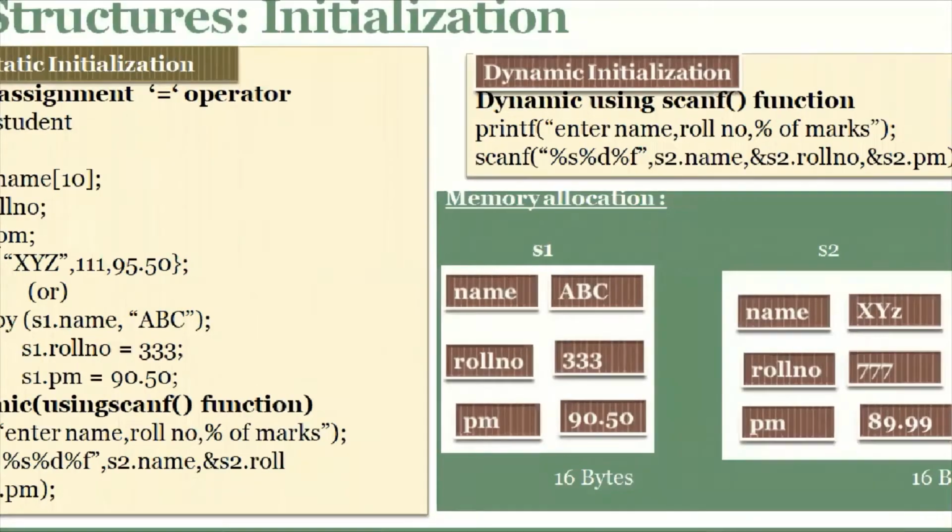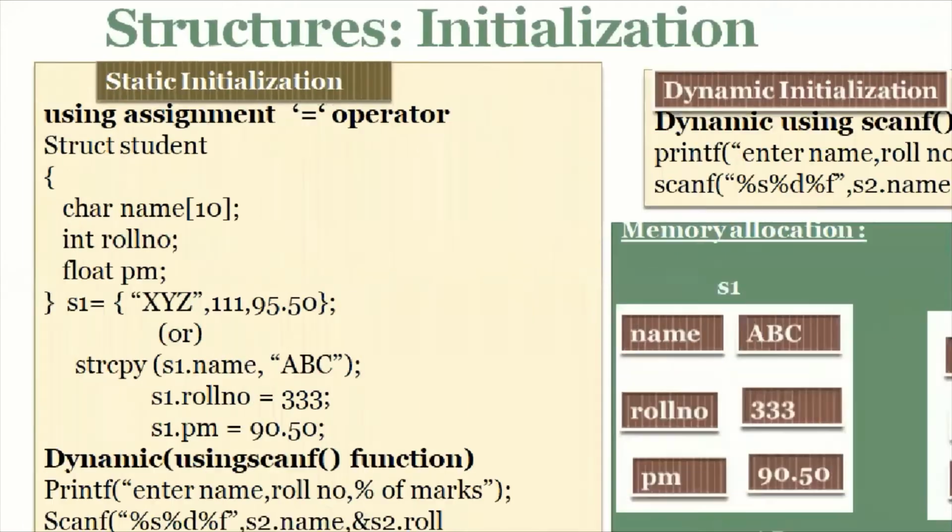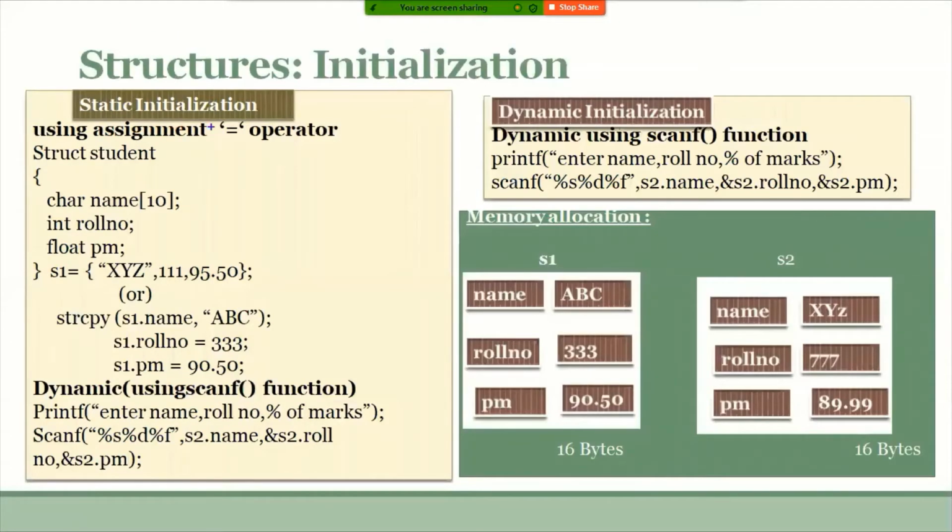You see in this example. To link them, we need to initialize those structure variables. We can initialize structure variables in two ways: static initialization and dynamic initialization. Static initialization is always possible with the help of the assignment operator, and dynamic initialization is possible with the help of the scanf function.